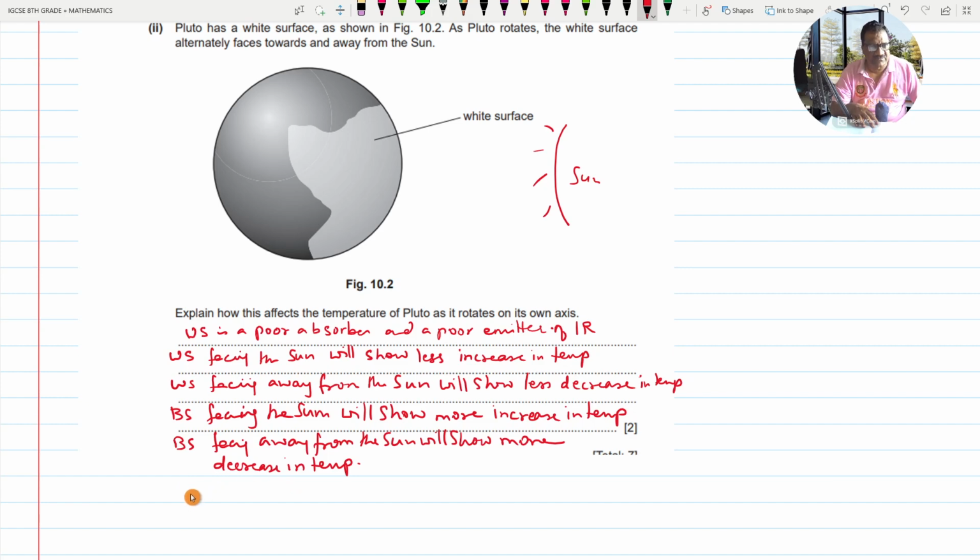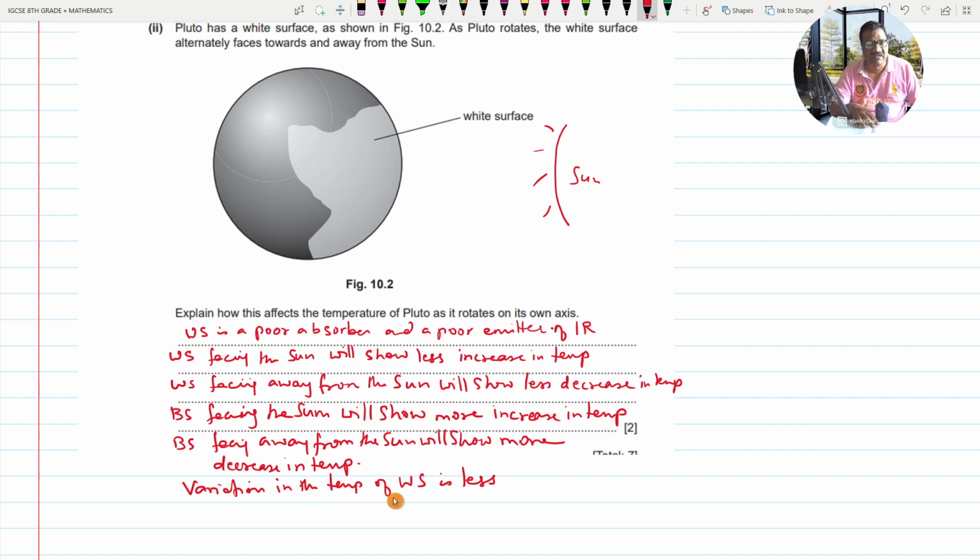And overall, if you see, then the variation in the temperature of the white surface is less. Okay, so for the white surface there is less increase in temperature, and for the white surface there is less decrease in temperature.